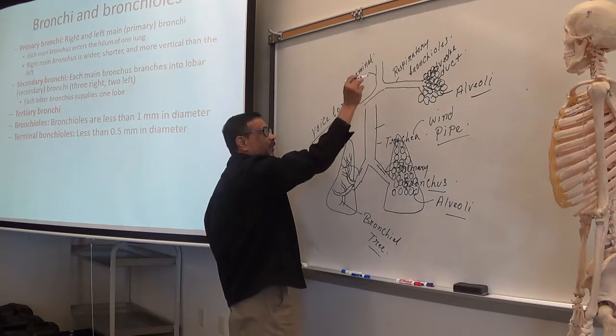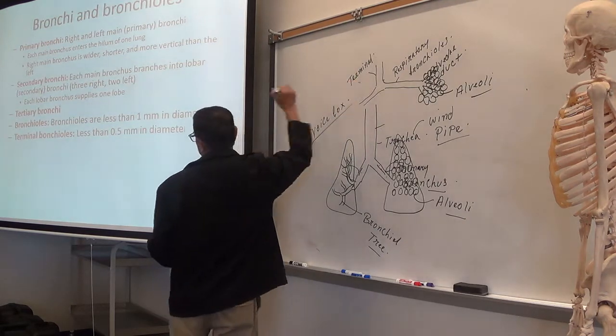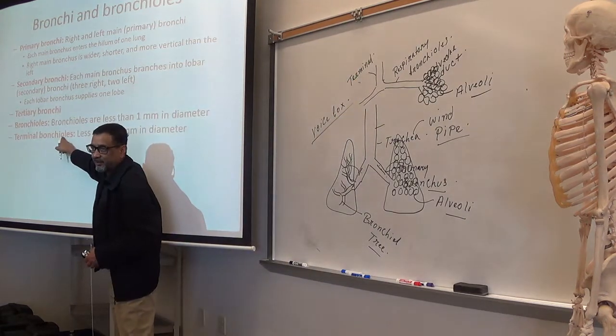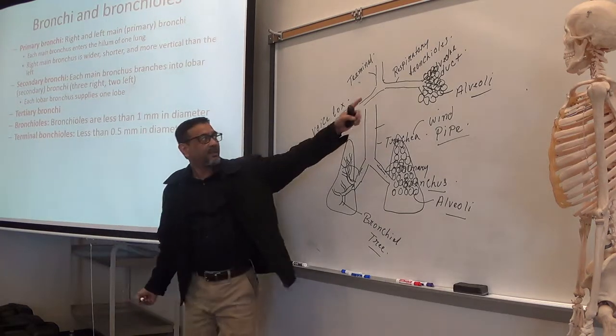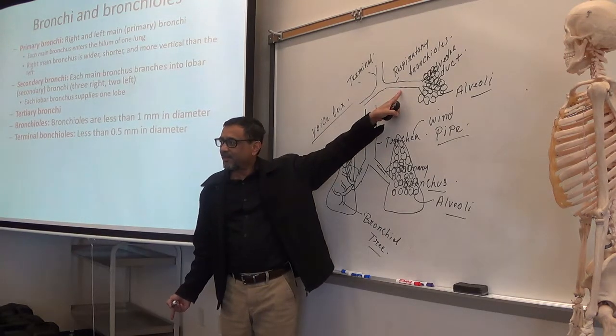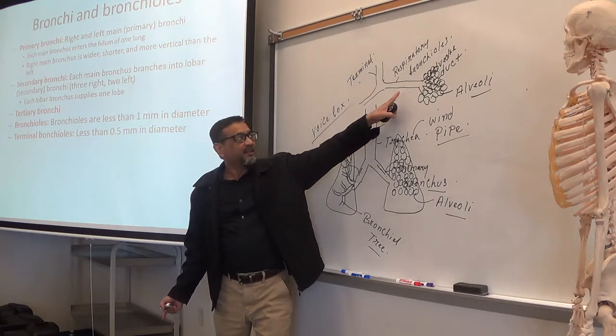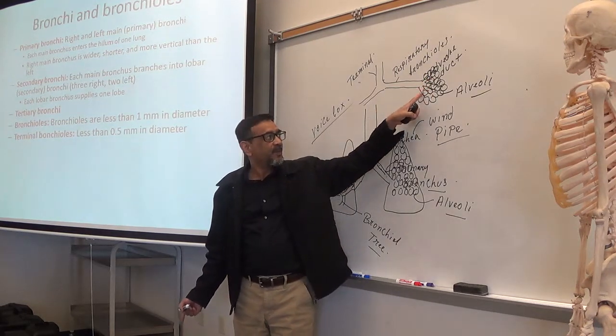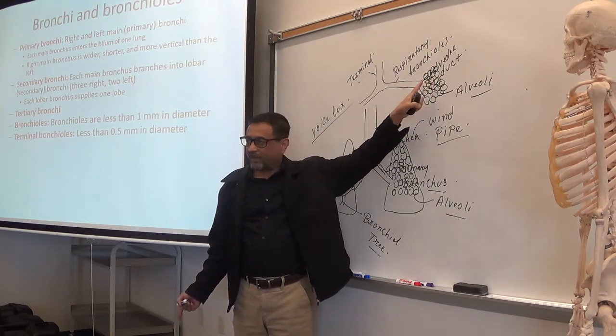Okay, so after the terminal bronchiole, look at this, what do you have? The respiratory bronchiole, make sense? Then alveolar ducts, and then alveoli.